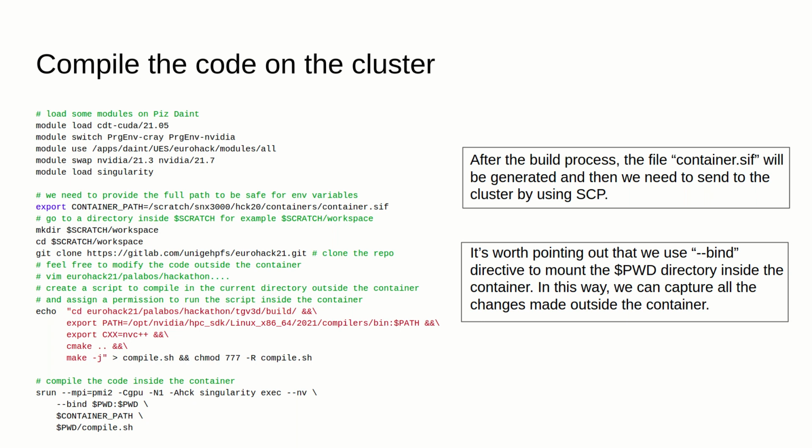Basically, we have the code outside the container, and then we just proceed with a compilation by using the container, and then the code will compile, and in the end we have the binary, but the binary concerns the configuration inside the container, not outside. So how could it be possible?